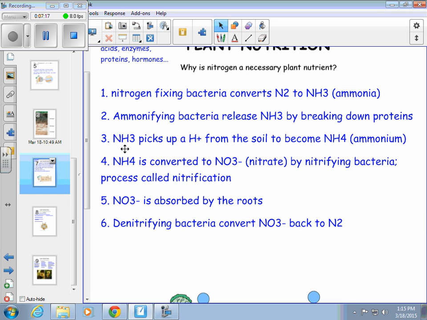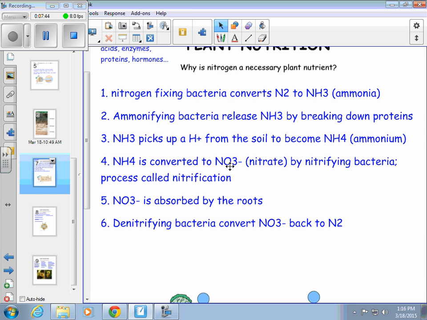That ammonia will then pick up an additional hydrogen from the soil to make ammonium, NH4. That ammonium is then converted to a nitrate by nitrifying bacteria, and this is called nitrification. Nitrification allows this nitrate to then be absorbed and used by the roots.